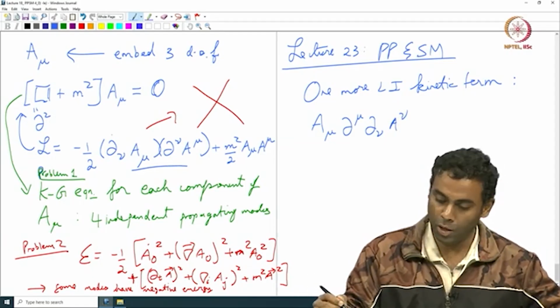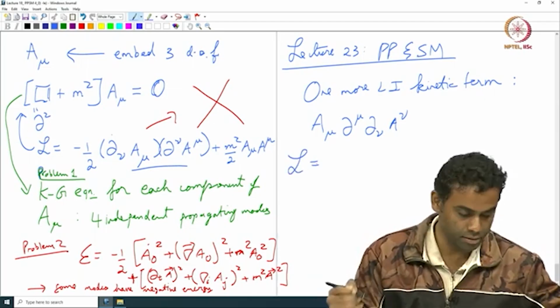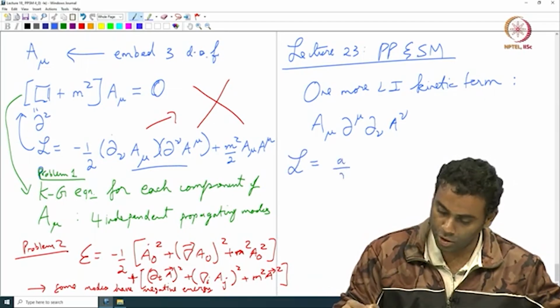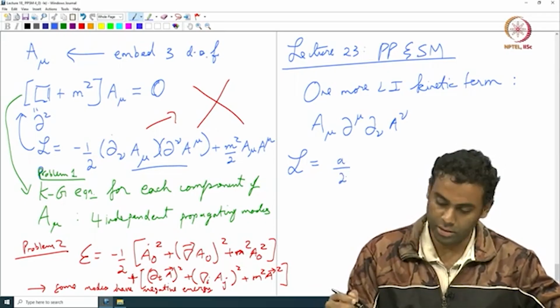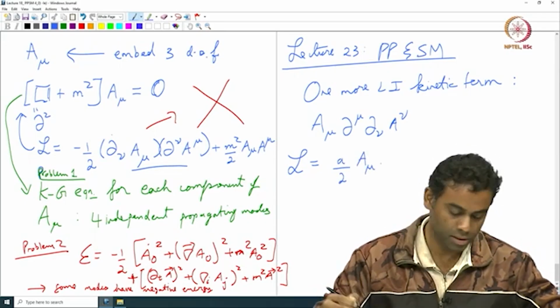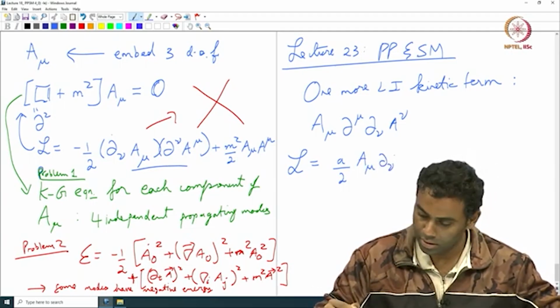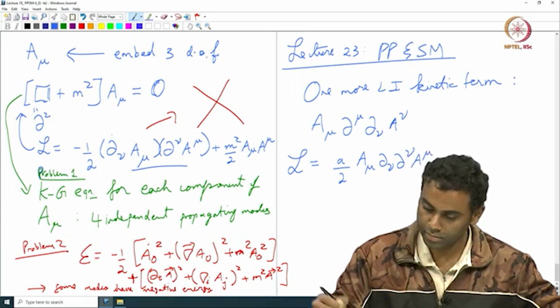Okay. Now with this term, let us see if we can write down a generic Lagrangian. So I am going to call the coefficients A and B, okay, because it is a generic Lagrangian. So I start with this Lagrangian that we had already, okay.